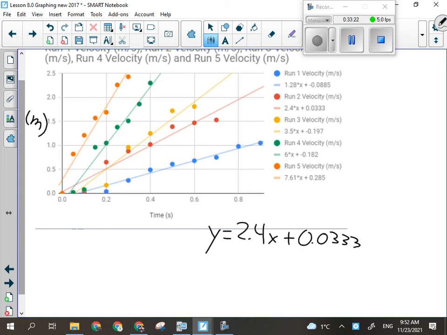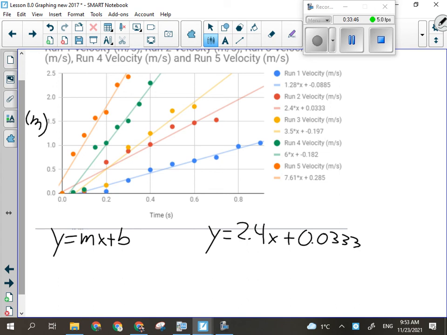Which one of those numbers is the slope? 0.0333 or 2.4. I want to manipulate this equation so that I'm solving for 2.4. So it'll end up that 2.4 equals something. But I'm not putting in any numbers. I'm just manipulating this in the same way I'd manipulate this.